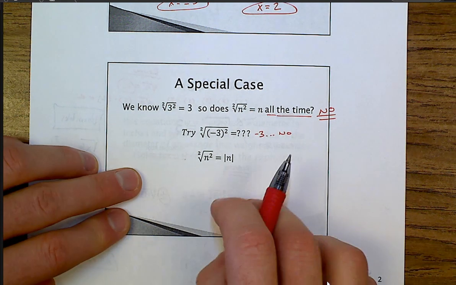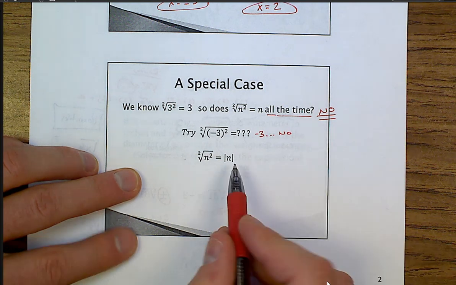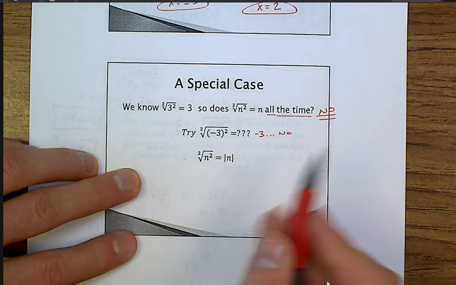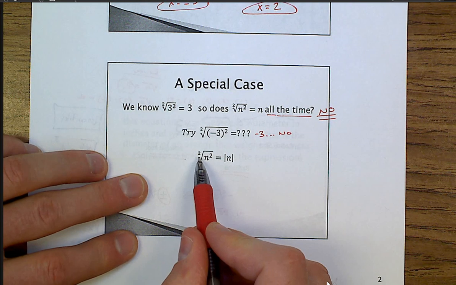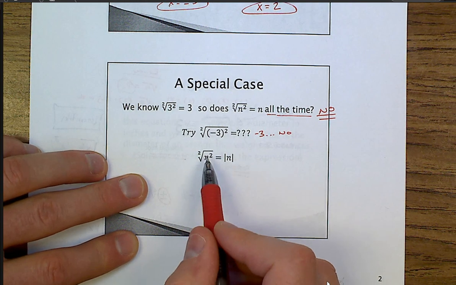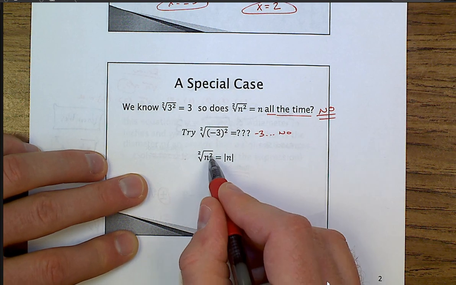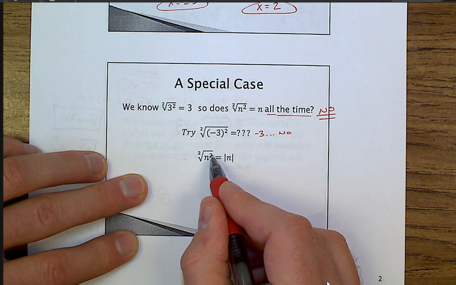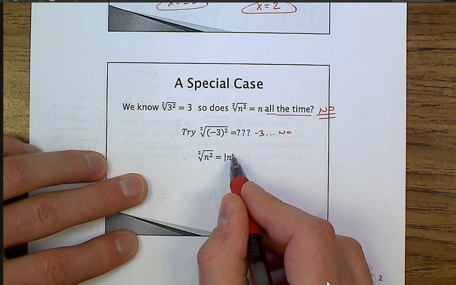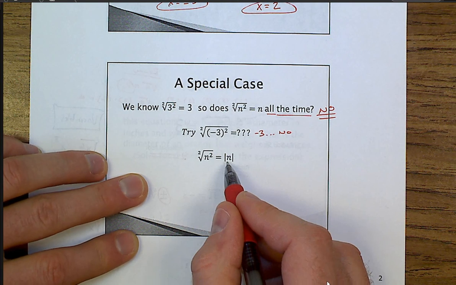So how do we fix that situation, or how do we know when to do that? Here's how we fix it. When you're taking the square root or the 4th root or the 6th root or whatever is even, and the exponent underneath is even, and you get an odd back out, then you're going to put absolute value bars around it, okay?